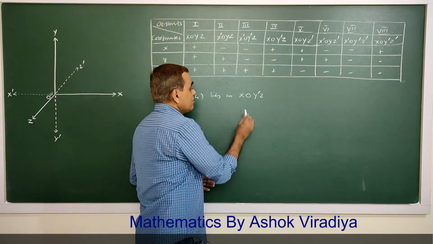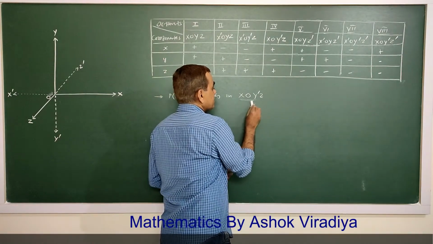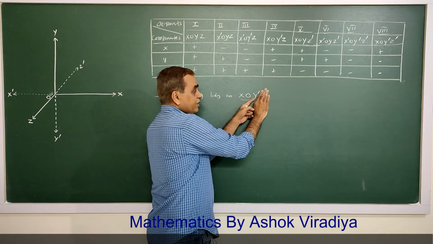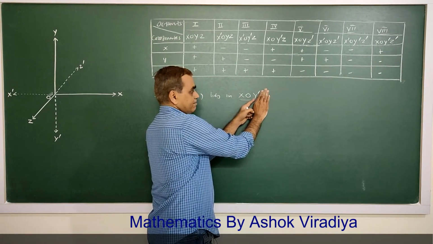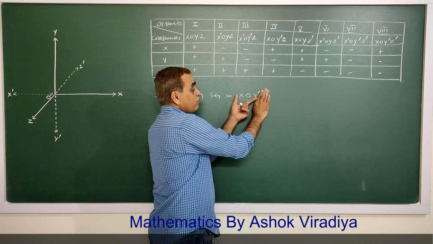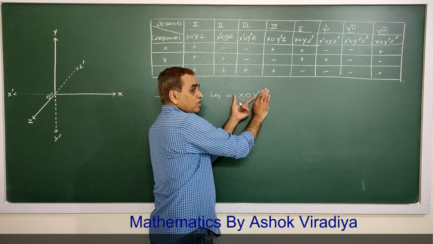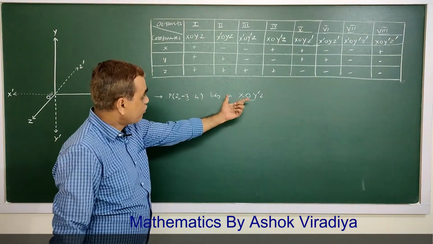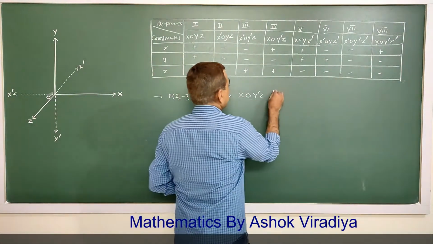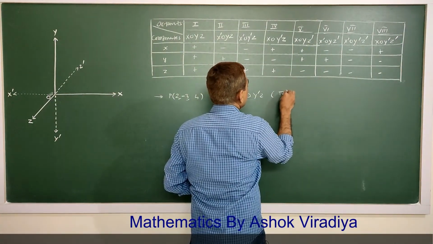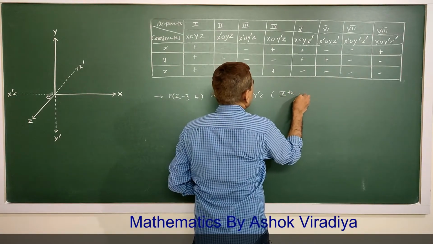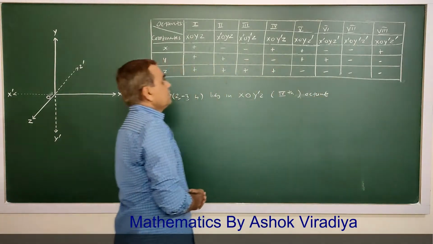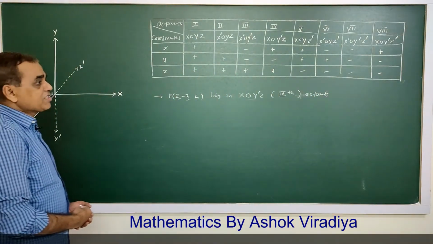Say here, x positive, y negative defines the fourth quadrant. That means the fourth partition, front side, so the fourth octant. This is the fourth octant: x, o, y dash, z.